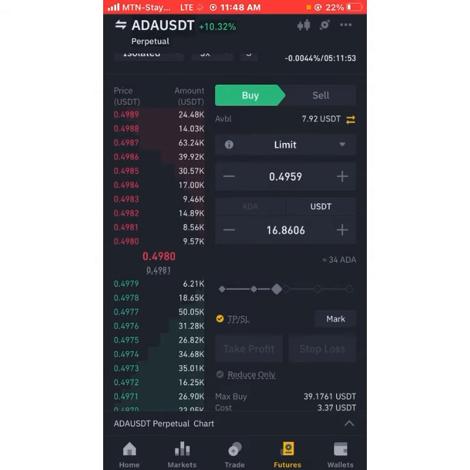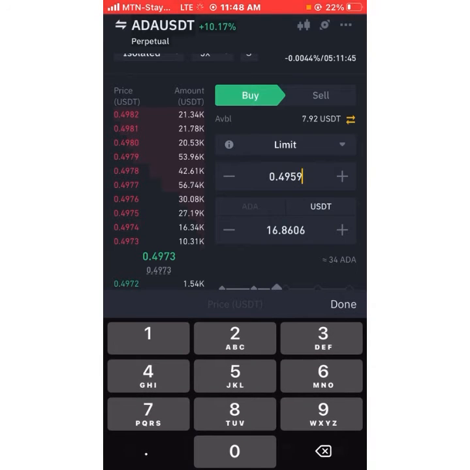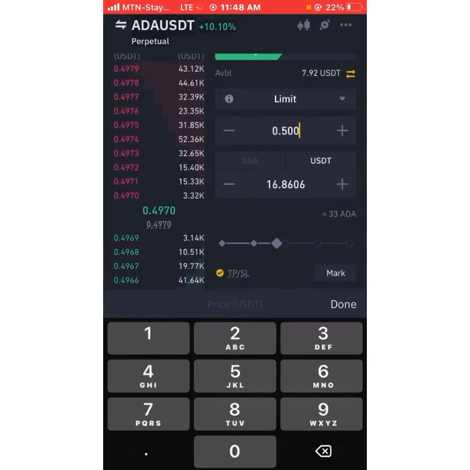So just below the limit, I will change it to 0.5. Maybe 0.500, meaning I am projecting that the price of ADA/USDD is going to increase from 0.4961 to 0.5 to give me a little profit.